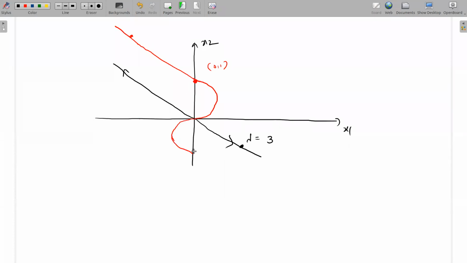Any solution which passes through this point (0, -1) will go in that direction. You can check. So the critical point is unstable.